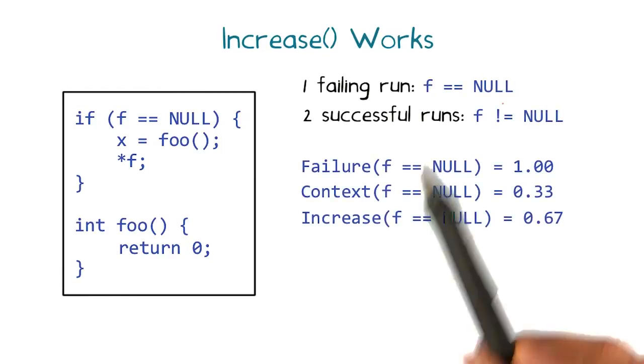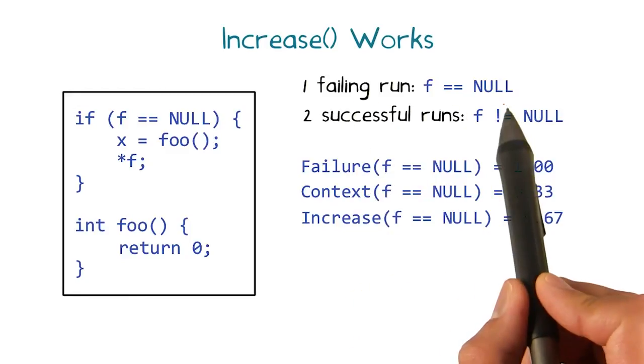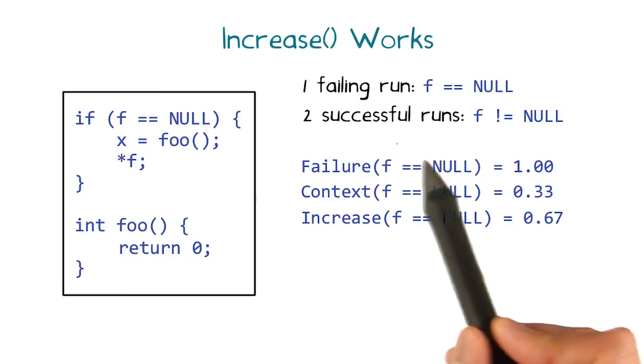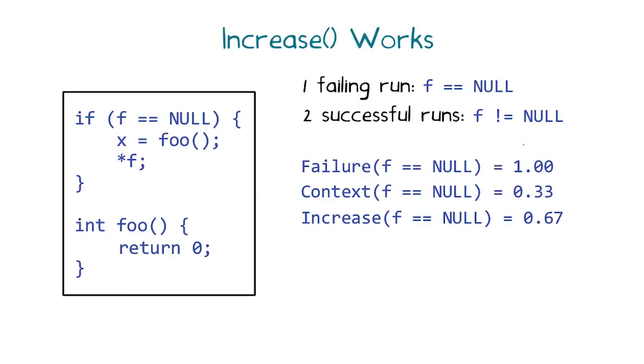Now, assuming one failing run where f equals null was observed to be true and two successful runs where f equals null was observed to be false, we can compute the context score of f equals null to be 1/3 or 0.33, which means that the increase score of f equals null will be 2/3 or 0.67.